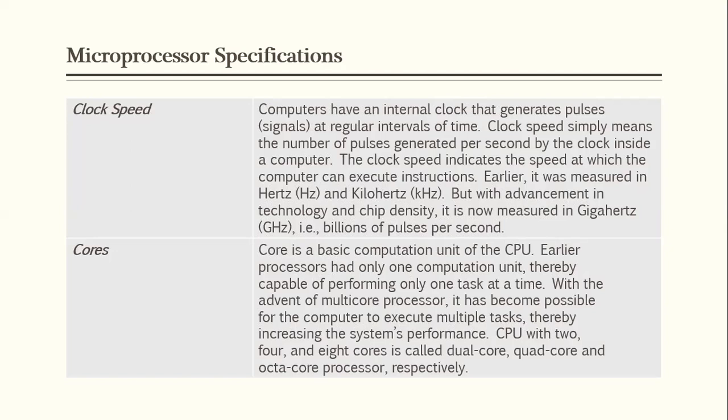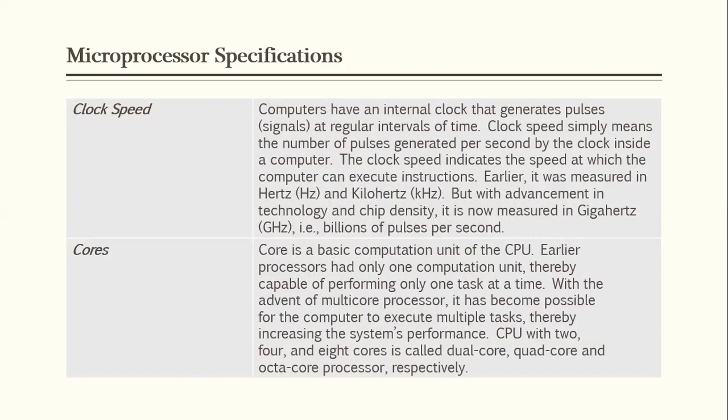Okay. Then cores. A core is like the basic computation unit of the CPU. Earlier, processors had only one computation unit. So at that time, our computers were capable of performing only one task at a given point of time.